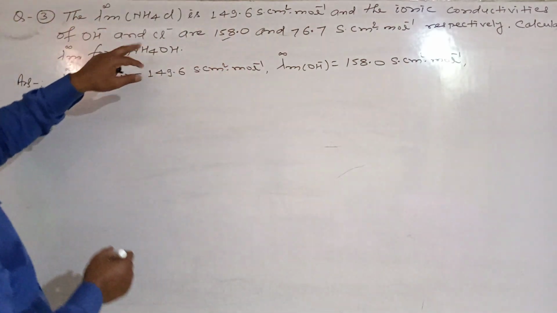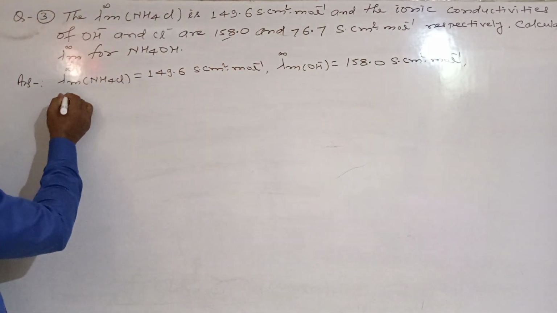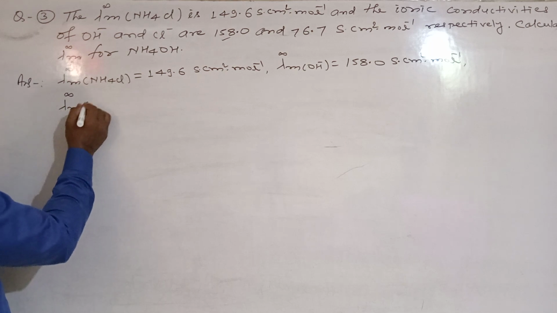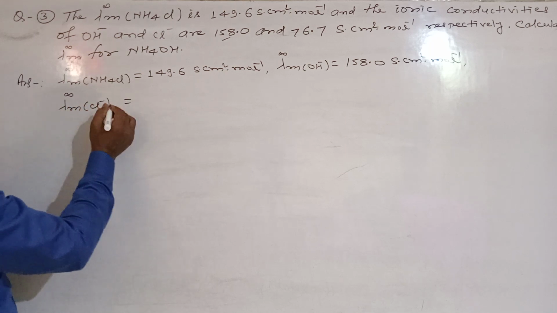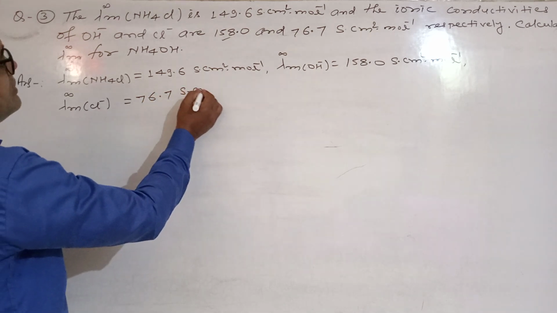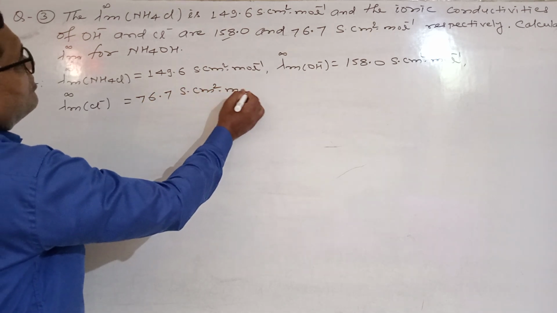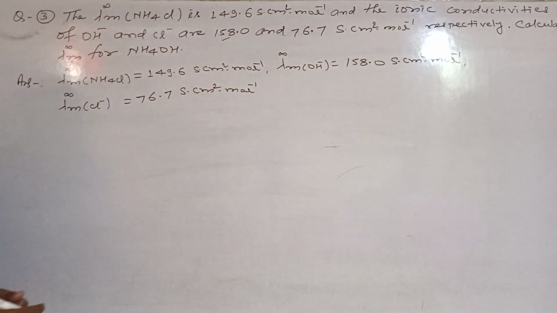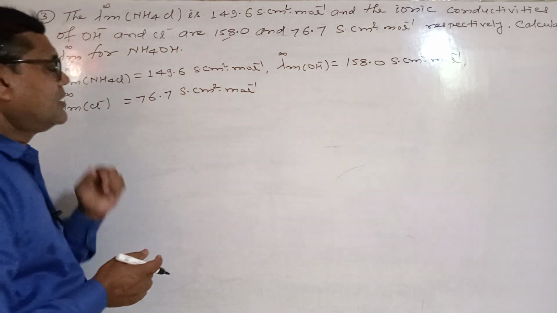The value of chloride ion: lambda infinity m of Cl minus is equal to 76.7 Siemens cm square mole inverse. These are the values of the electrolytes and ions.